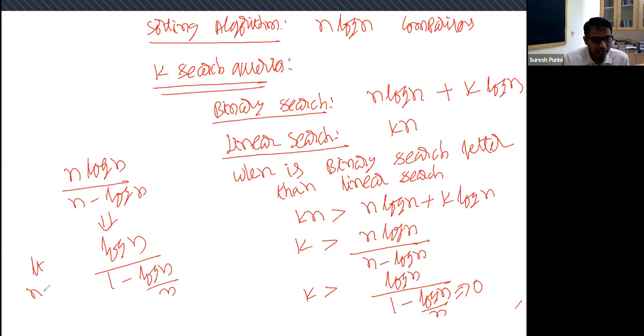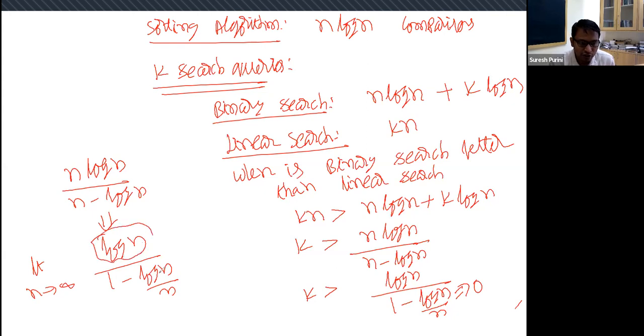And the limit as n tends to infinity, as n becomes larger, if the list of numbers is larger, you can see that log n by n becomes equal to 0 very quickly. So for large values of n, you just have to focus.